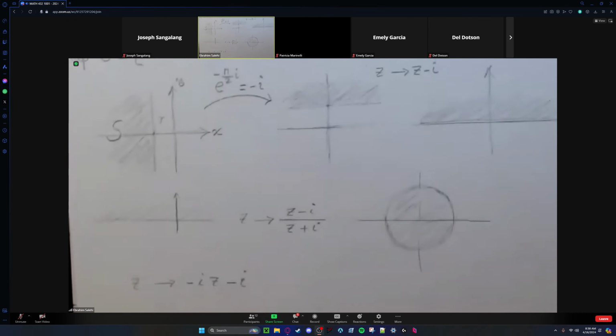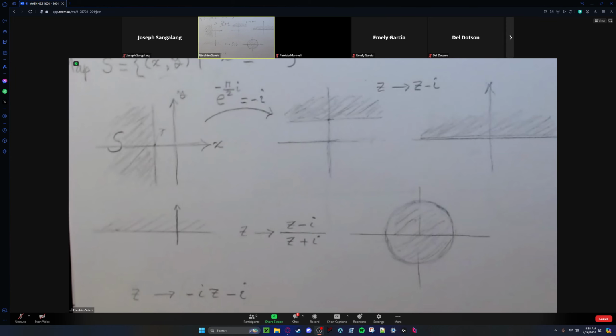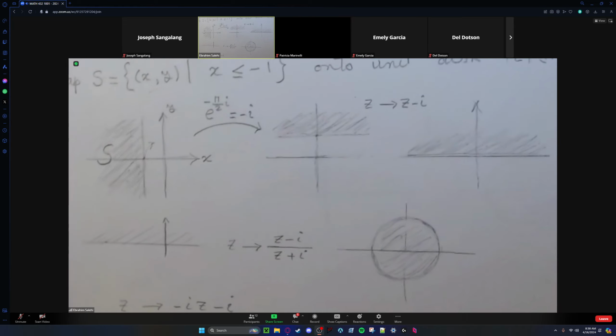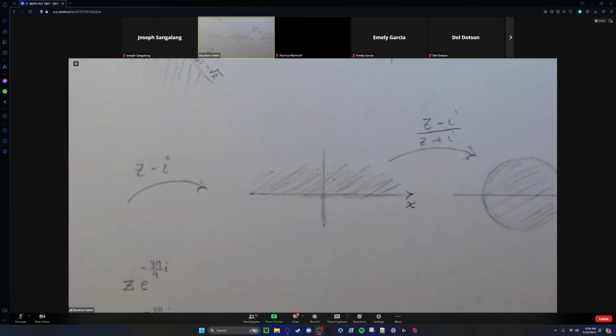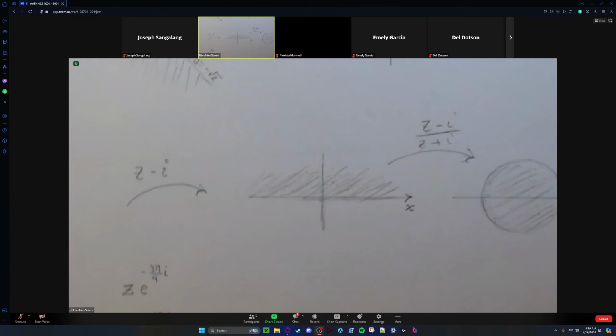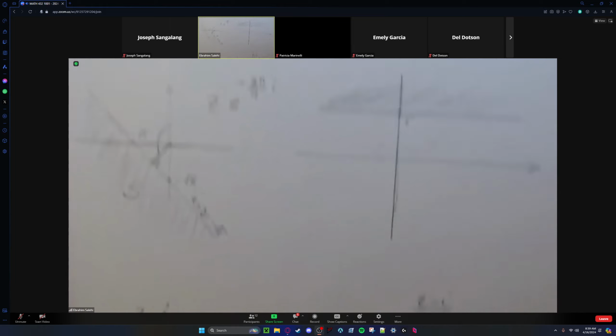So as I said, the problem that we are going to solve could be a combination of these maps. You need to apply several of these maps in several steps. Here is another one that I also discussed last time. I'm not going to repeat it.